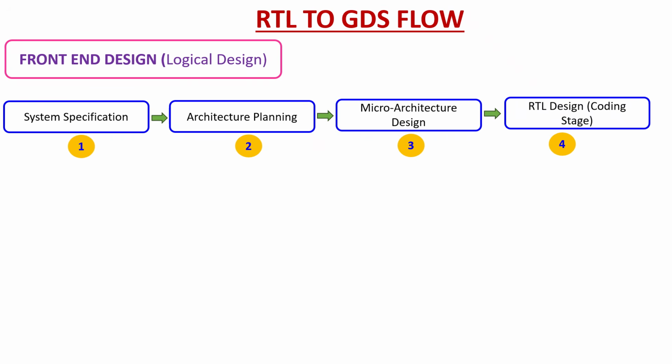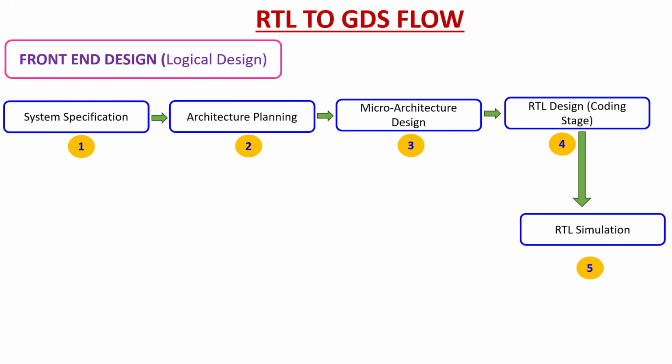Followed by, we have the RTL design coding stage. It implements the design in synthesizable HDL such as Verilog or SystemVerilog. The next stage is RTL simulation. This is the stage of running the RTL code like Verilog, VHDL, SystemVerilog to check whether it behaves correctly.